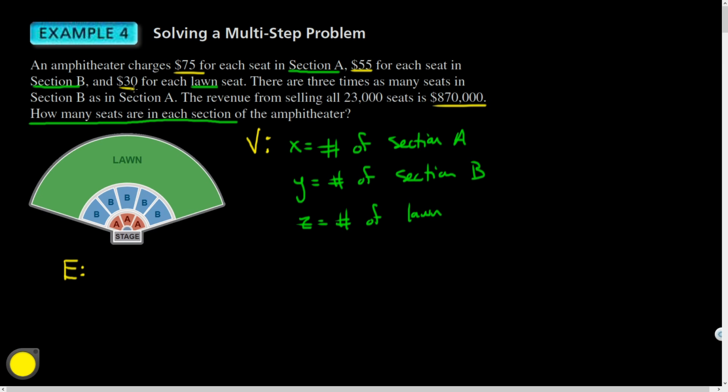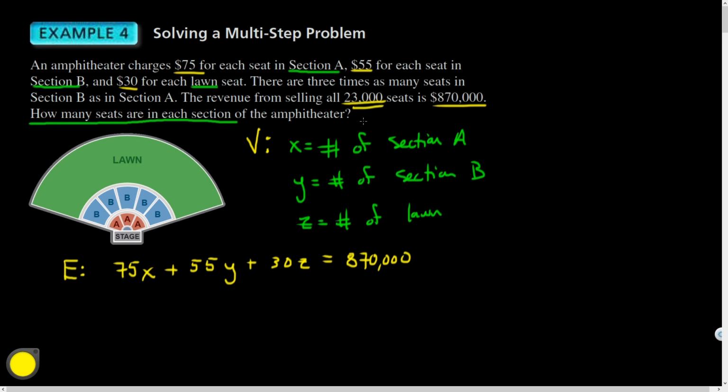So if I combine these facts, I could have $75 times the number of section A seats sold, plus $55 for the number of section B seats sold, and $30 for the number of lawn seats sold. And so that's all going to give me total amounts of money. And if I add all of those together, I should get $870,000. And so there's one equation.